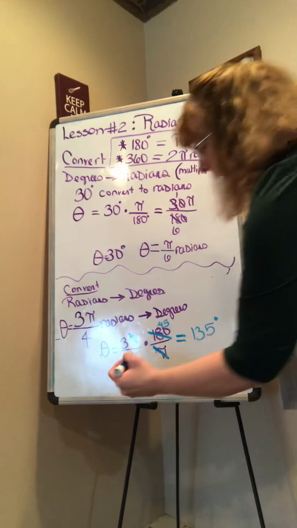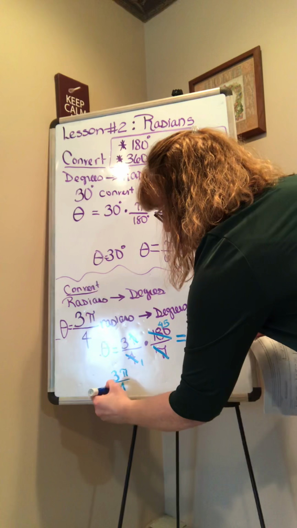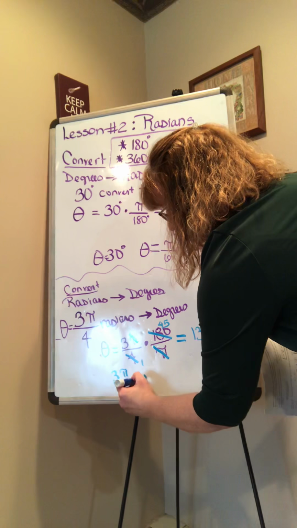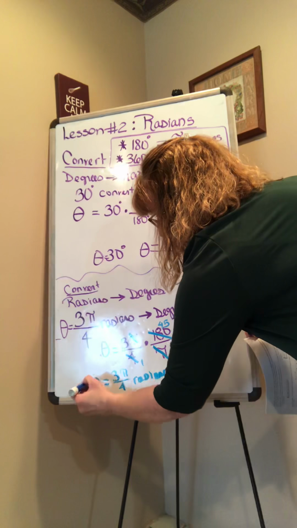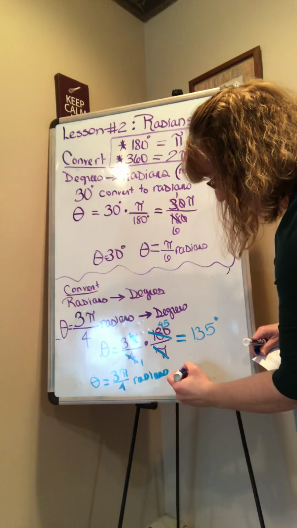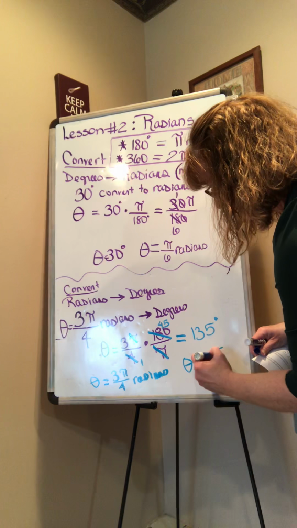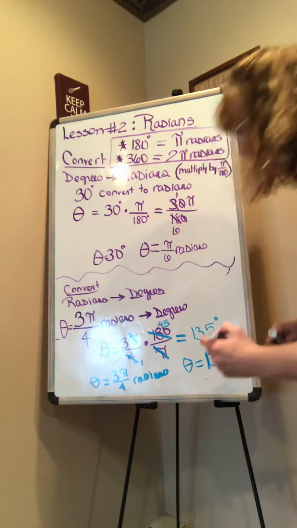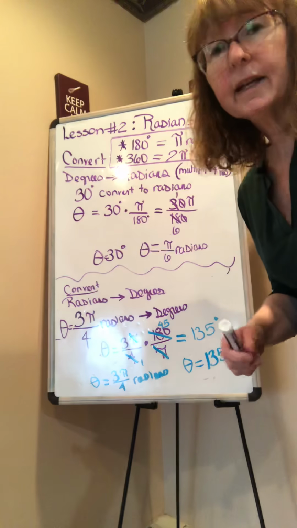So one more time, 3 pi over 4 radians for my angle is the same as my angle being 135 degrees.